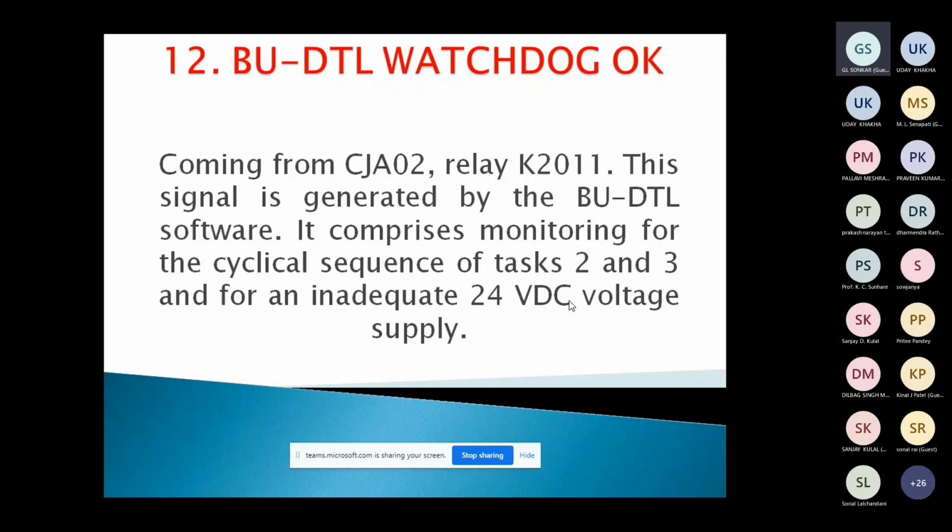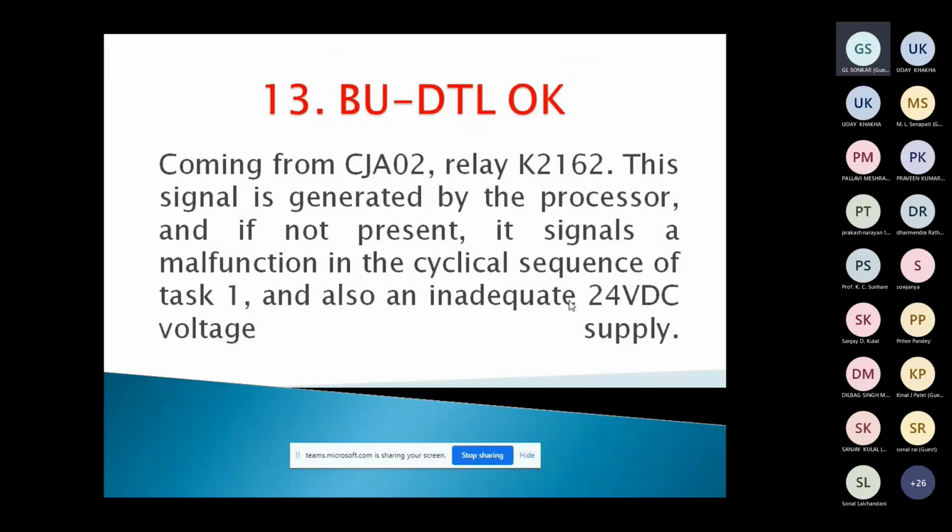If it is not operating sequentially, then this will be missing. You have to operate the sequence, and the reason is again the 24 volt DC supply system. If this is missing, you go and check the adequacy of the DC supply system. Then again, view detail should be okay. If it is not okay, again you have to check the 24 volt DC supply.